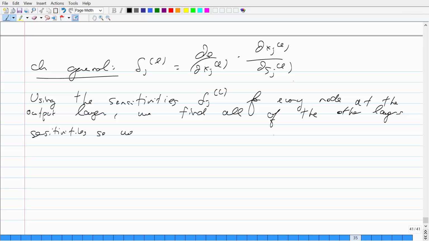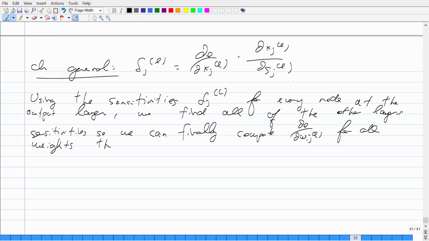So we can finally compute this term, the gradient term for the error for all weights. Then do the update. So that's stochastic gradient descent through backpropagation.